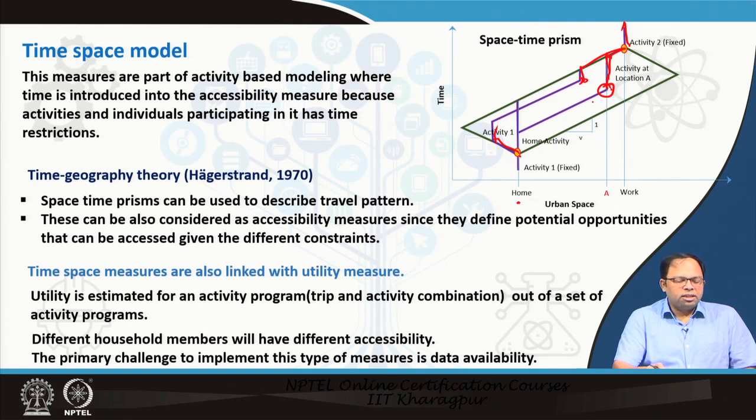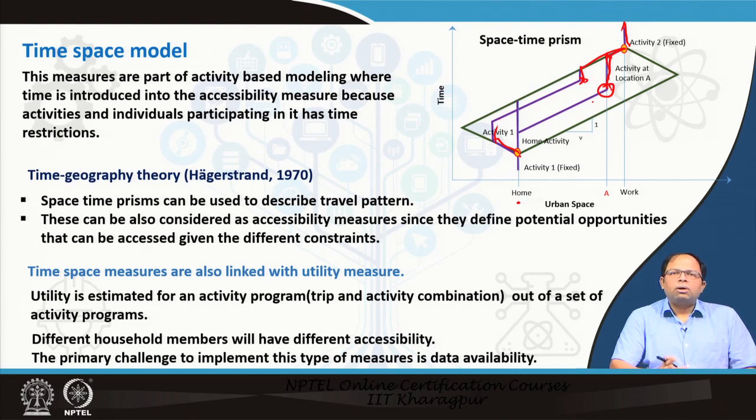So that actually is the time geography theory, and this could also be considered as an accessibility measure for individuals participating in different activities. So this is not a standard mode choice or a standard 4-stage model that we are discussing, like we have a number of trips generated, then a person goes to a particular zone and then he chooses a mode. Not in that way.